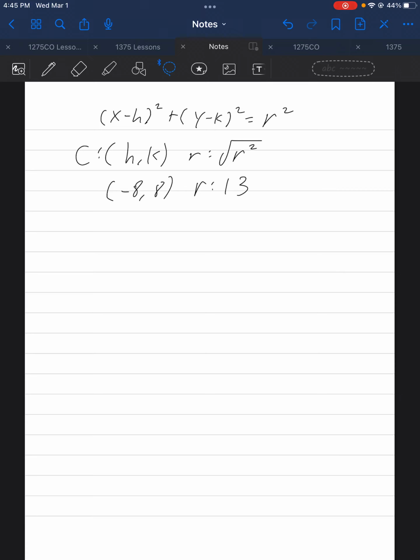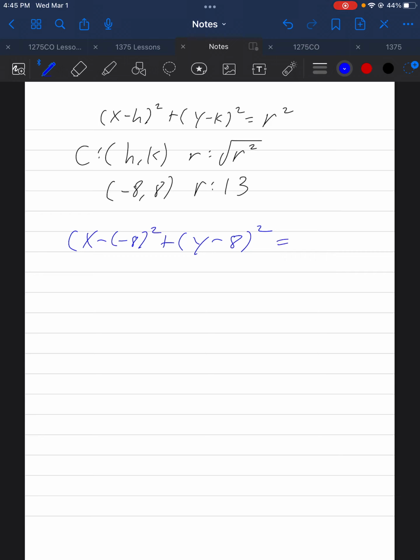So if we were to do this in reverse, knowing that the center of the circle is located here, negative 8, positive 8, that means x minus negative 8 to the second plus y minus 8 to the second. That's basically doing x minus the first number and y minus the second number.